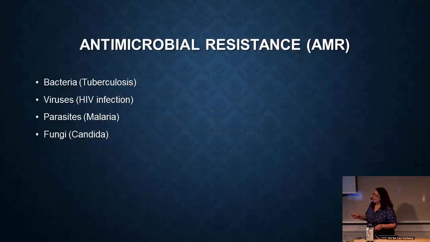Now, one thing that I did is I referred to antimicrobial resistance sometimes and antibacterial resistance sometimes. Antimicrobial resistance is a more general term. It includes resistance of bacteria, resistance of viruses, resistance of parasites, and resistance of fungi.